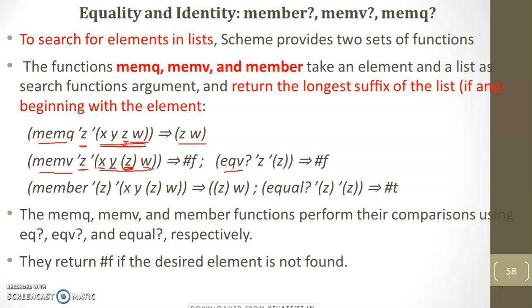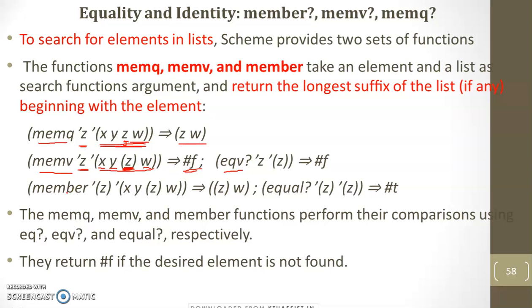These are elements, and this is another sublist, because it is given inside the parentheses. If it is found, it will return the value as true. Here, since this element is given and in the list it is given in list format, it will return the value as false.